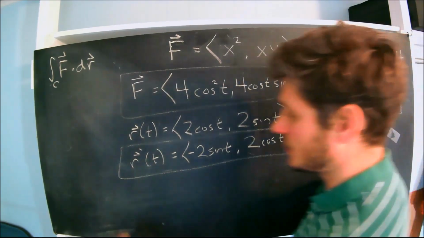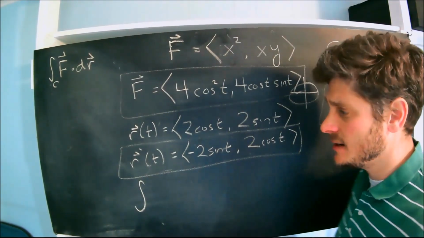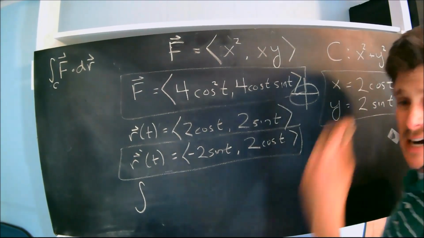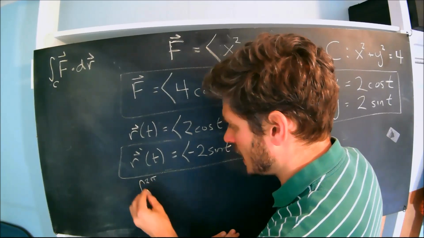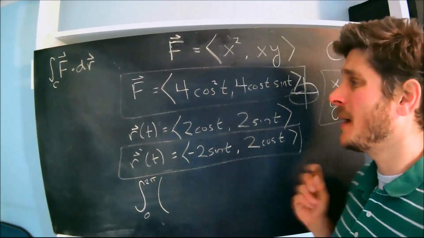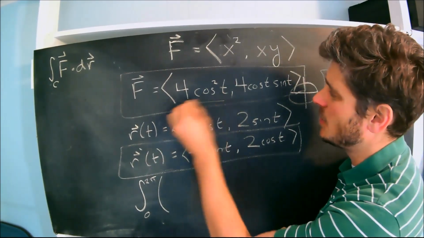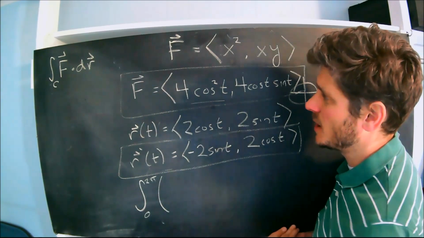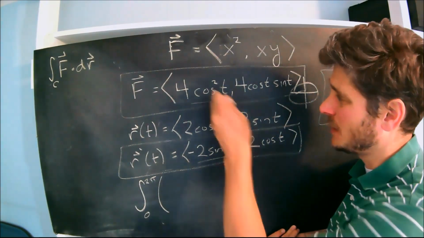So now I can go ahead and compute that dot product and actually plug it back into my integral. Since I have a little bit of room down here, so my integral, I can put my bounds as well. It was the entire circle, so I'm integrating from 0 to 2 pi. And now the dot product. So multiply those corresponding components. So my x components, 4 cosine squared t and negative 2 sine t.